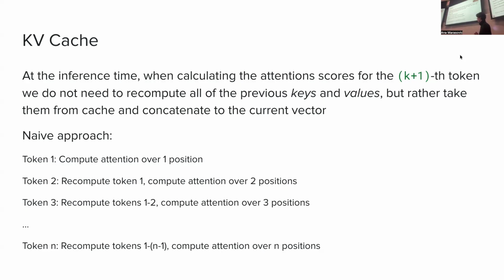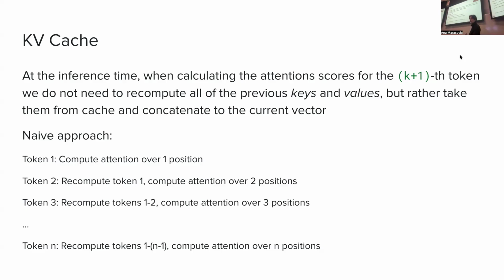Now, the issue here is that when we get a new token, let's say T3, and we want to generate T4, if we are just linearly projecting again, we are going to be recomputing the keys and values that we have already computed.